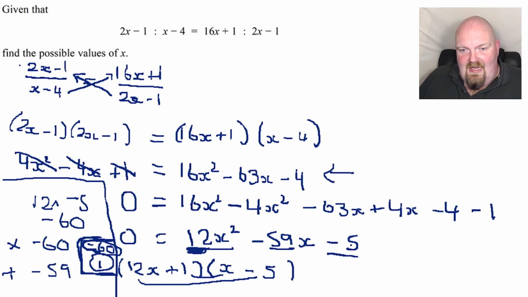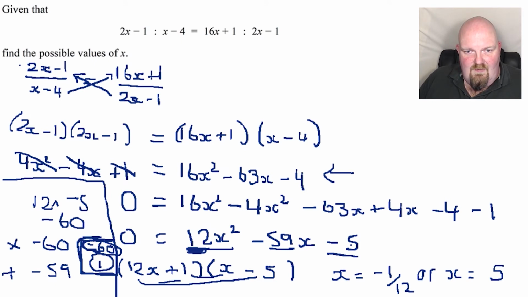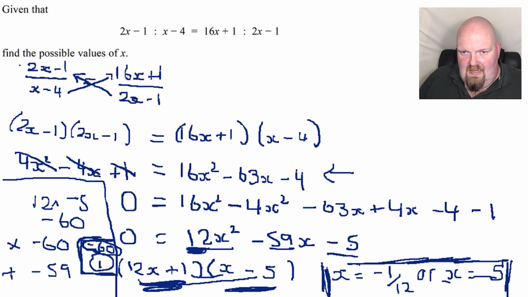Once I've got that, I can then find my values, and my values are going to be that x equals negative 1 over 12, or x equals 5. Because if you remember, what we're doing is we're finding the inverse of each of these, okay? So the inverse of this one is going to be negative 1 over 12, and the inverse of this is going to be positive 5. So my answer that I need to express clearly is here, okay? X is negative 1 over 12, or x equals 5.